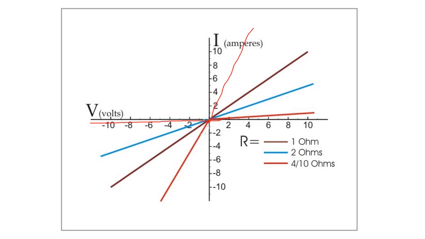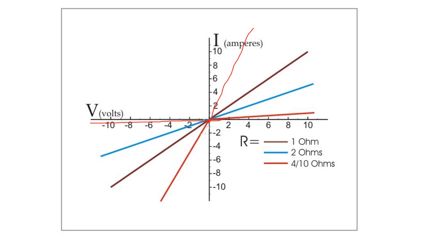Anyway, the reason I wanted to put this graph in is that it illustrates the fact that with current on the y-axis and potential difference on the x-axis, the slopes go the opposite way from the way you would expect.